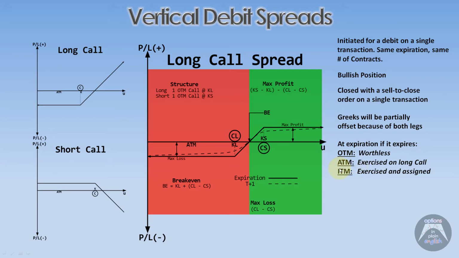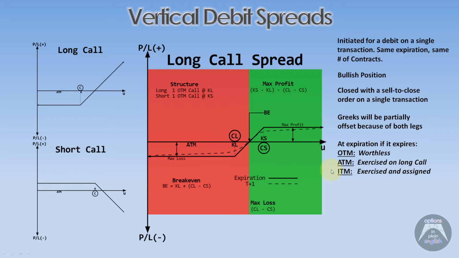Then if you let it expire, you're going to be exercised on your long call, okay? So if you don't close it and you reach expiration and the price is in between these two strikes, at any point in here, then your long call is going to be exercised and you're going to take possession of however many shares you were covering with your spread.